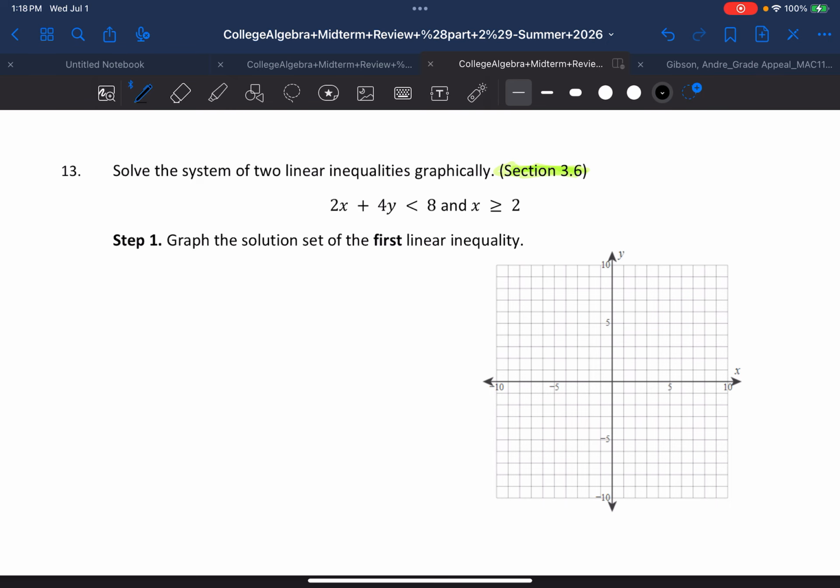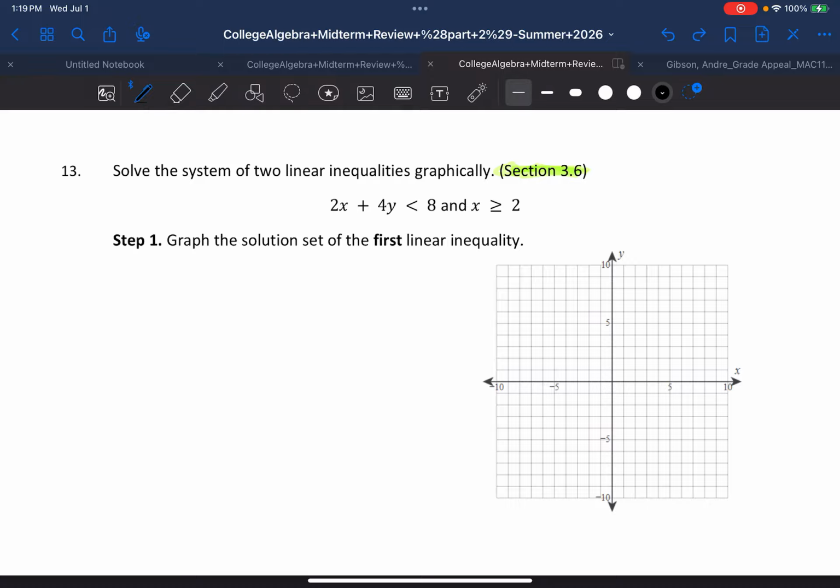I don't love the way that the book did this, so I only put one of these on the exam. And I made it an "and" question, not an "or," because that's what I want us to focus on. But to graph this entire solution, it's going to break it up into parts for you.